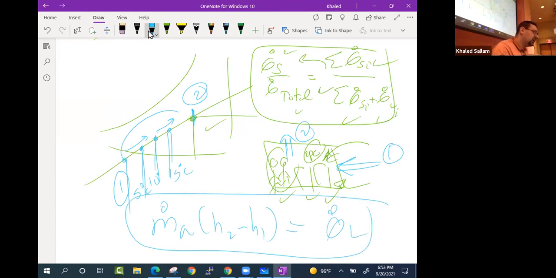So what am I saying then? I am saying that if you don't want to send a lot of air, but you still want to carry that load, you better have a smaller H1. So if you're just going to give us this much air, give it to us at 5 degrees. But if you're going to send us a lot of air, you can get away by sending it a little bit hotter. Because of course, from the cooling coil point of view, it doesn't like to cool the air that cold.